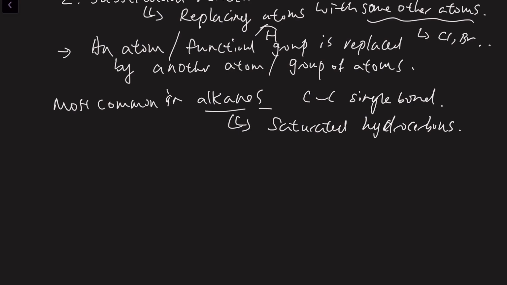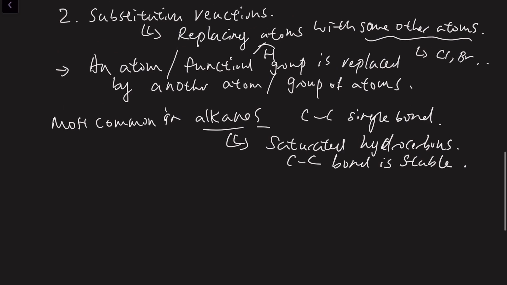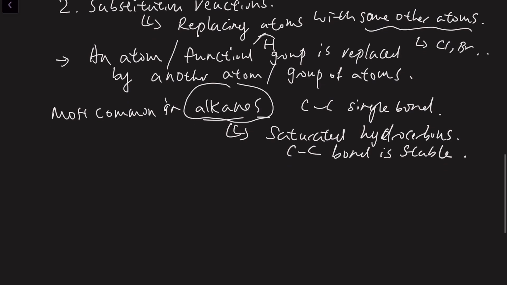So the carbon-to-carbon bond is very stable and does not really want to undergo lots of different types of reactions. So substitution reaction is one of the few chemical reactions it can do. So that's why usually for substitution reaction, we focus on alkanes. So anything with entirely carbon-to-carbon single bond.